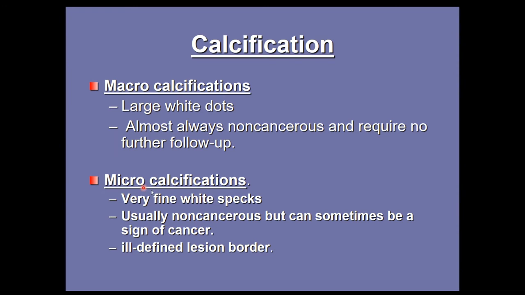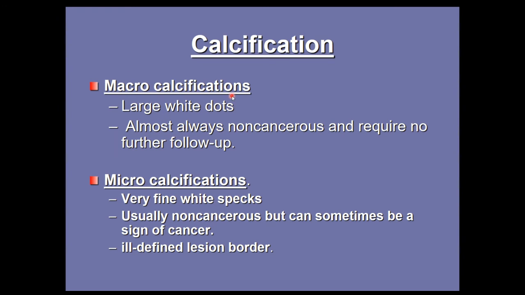Microcalcifications are very tiny, fine specks of calcification. They are usually non-cancerous, but can sometimes be a sign of cancer. Especially in an ill-defined lesion with tiny specks of calcification, there are very high chances of malignancy.